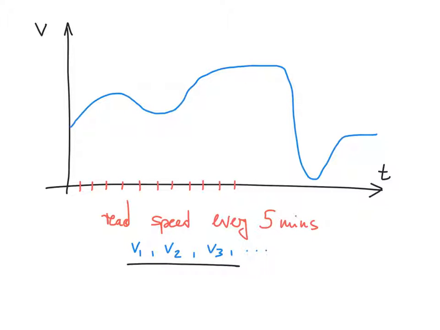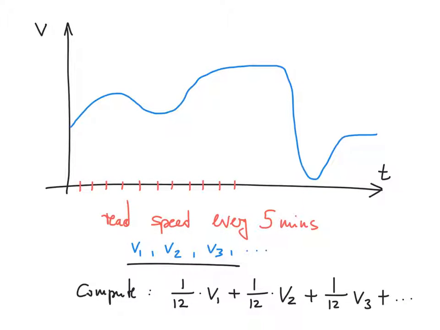And then you compute the following sum, right? You take 1/12 times v1. So why 1/12? Well, our unit here is hours, as we used before. And 5 minutes is a 12th of an hour, right? 12 times 5 is 60.